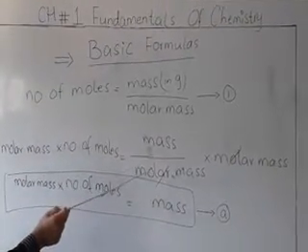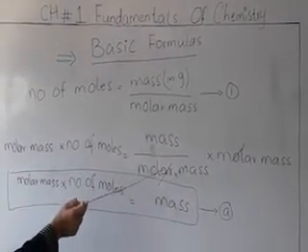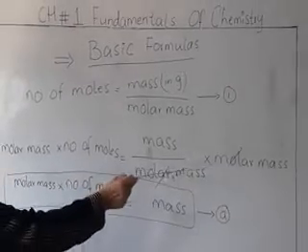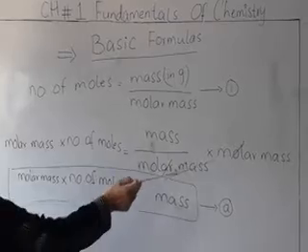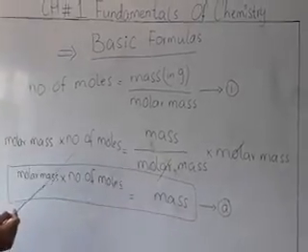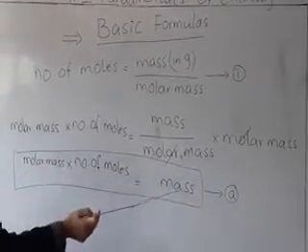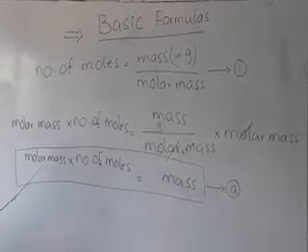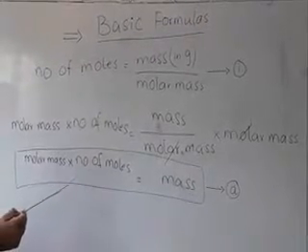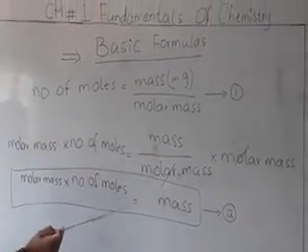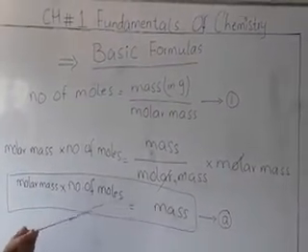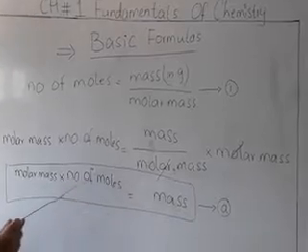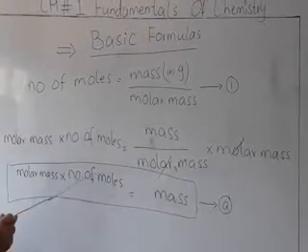So a mathematical process will be applied. You will multiply molar mass on both sides of the equation, on the left and right side. So you will get mass is equal to molar mass multiplied with number of moles. In this way, equation number 1 can be applied to calculate mass if moles are given in the question.